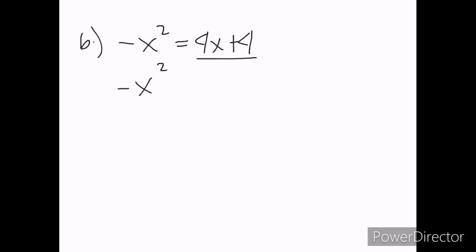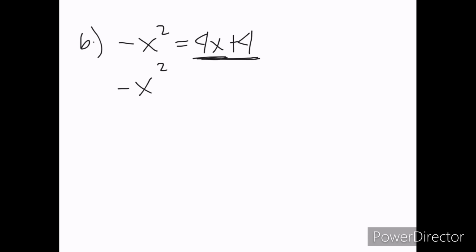Another example. Negative x squared is equal to 4x plus 4. How are we going to express that in its standard form? Again, copy the quadratic term. Next, this linear term, transpose it to the other side.